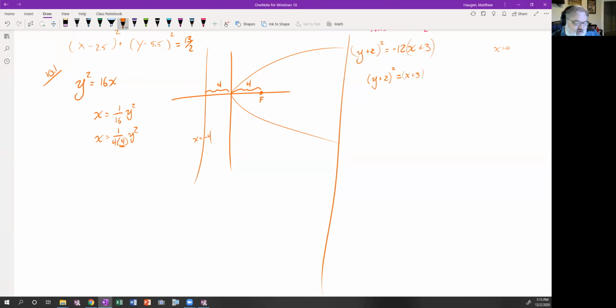I'm still going to move that over here just because I like the 1/4p. If not, it's fine. It's just 4p there as opposed to 1/4p there. So either one is fine. It's just a habit, you know.